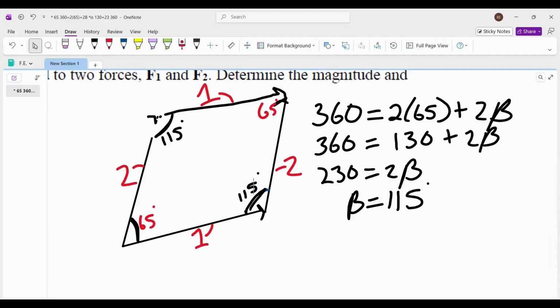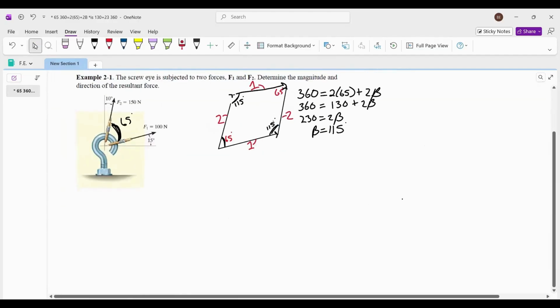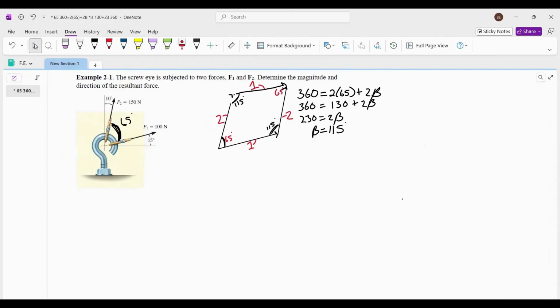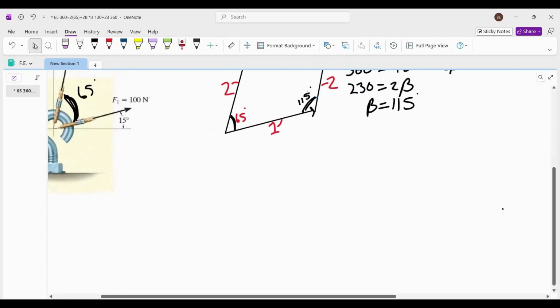Okay, now that we got that, the formula that we're going to be using is the cosine law, and then from there we just rearrange it a bit. So from the cosine law, we are going to be using it like this.